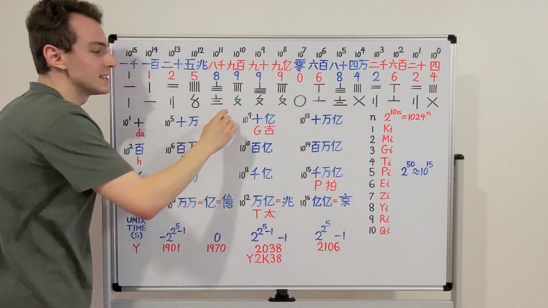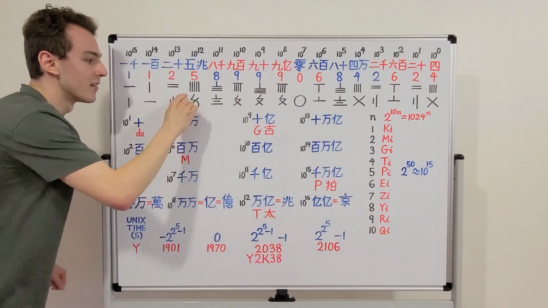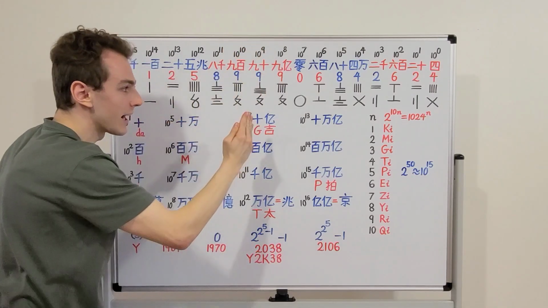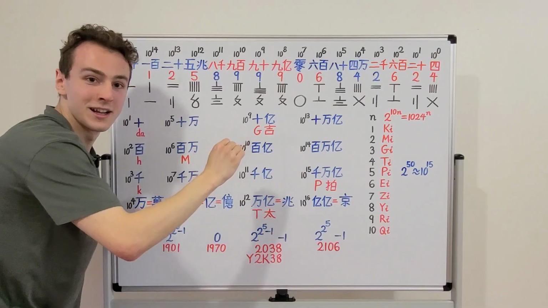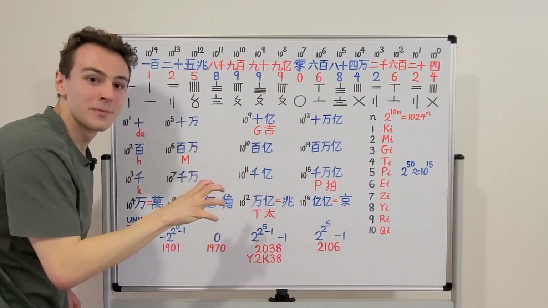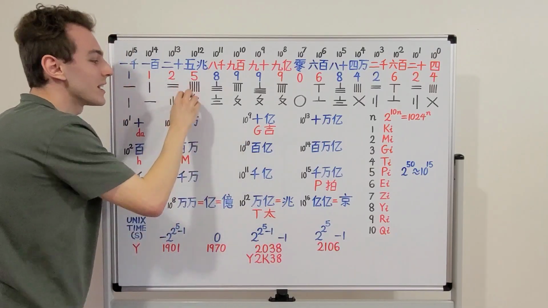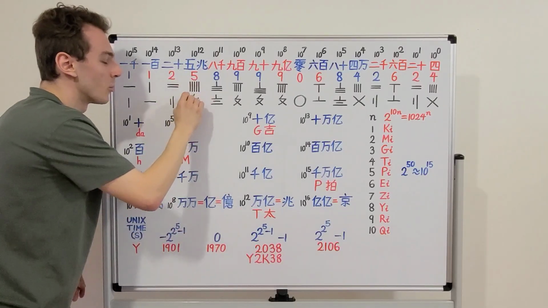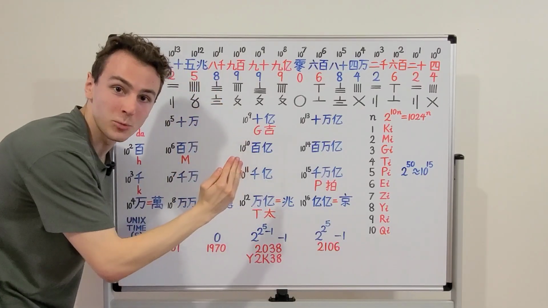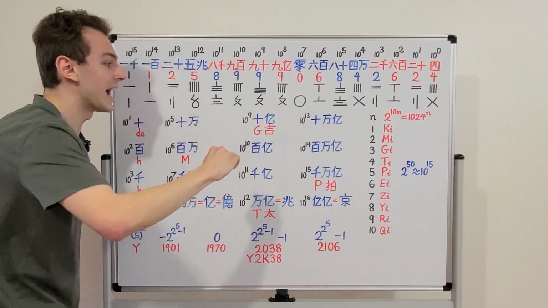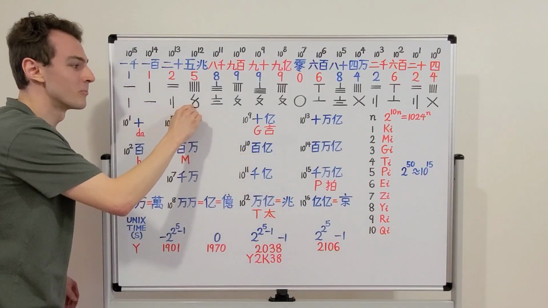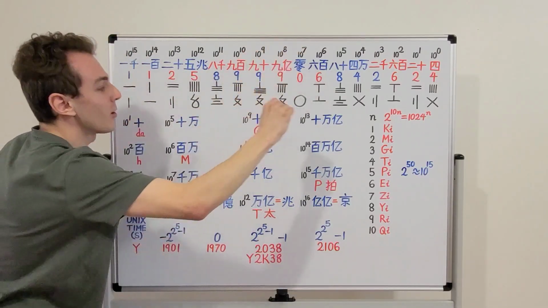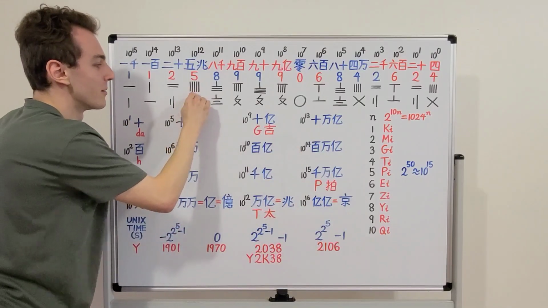So that explains 9. What about 5? 5 can be thought of as a vertical line plus a loop. Now this loop represents 0. So we have 5 plus 0. So instead of writing 5 strokes, like we have up here, we can just write a perpendicular stroke, which indicates we have reached 5, and then we can write a loop to indicate 0. And if you write that quickly, you can see how this digit can emerge.